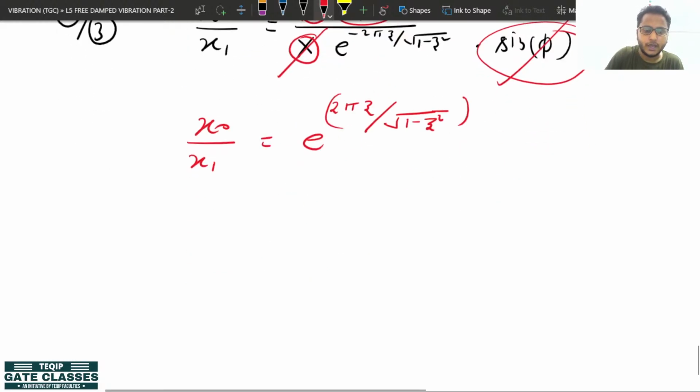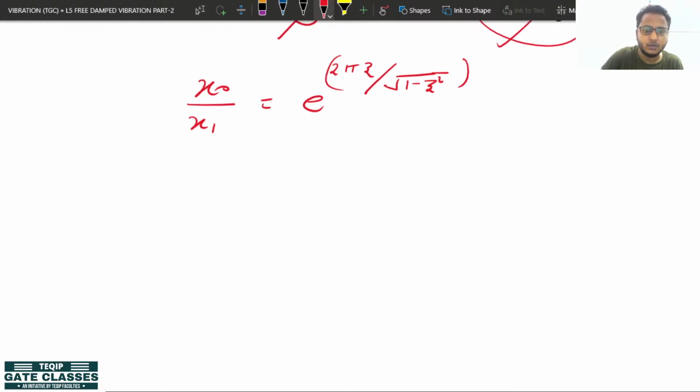As per the definition, the logarithmic decrement is the natural log of the ratio of two successive amplitudes. So we take log on both sides with base e of x naught upon x1.